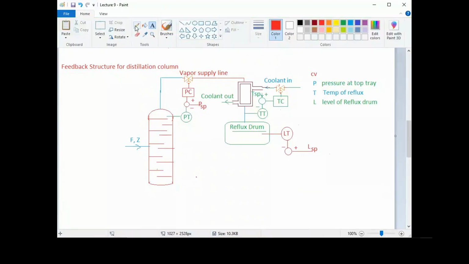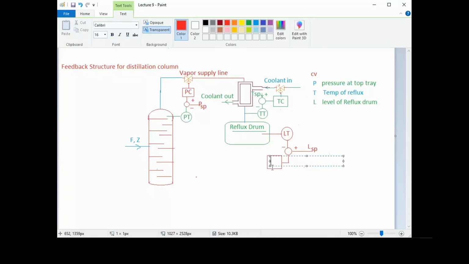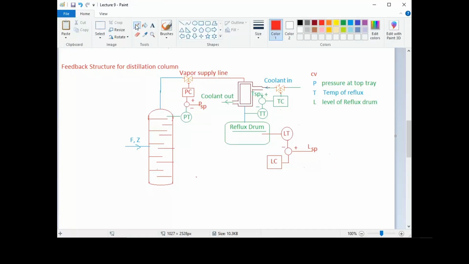So after the comparison, we will get the error, and this error will be given to the controller. So now here is our controller. This is the level controller. Now the level controller controls the fluid inside this reflux drum. So we'll draw a valve here.